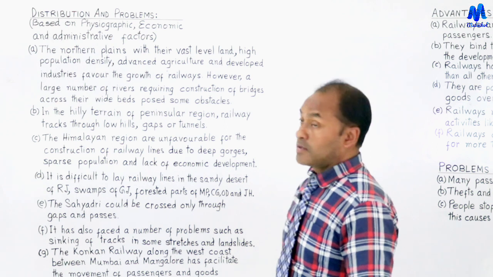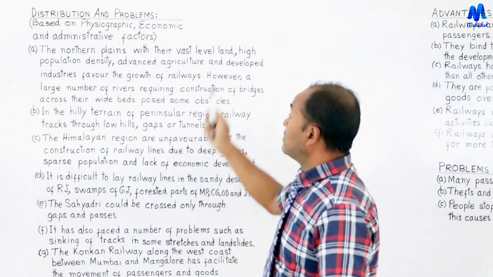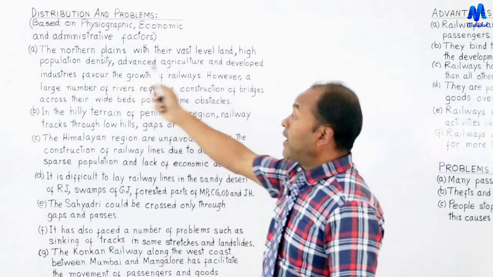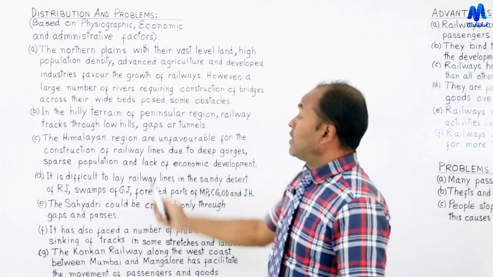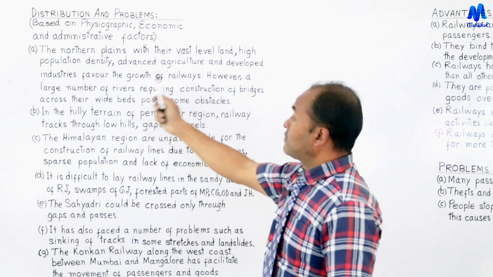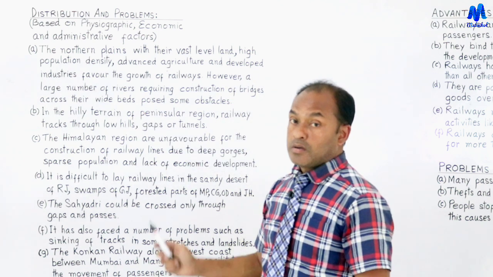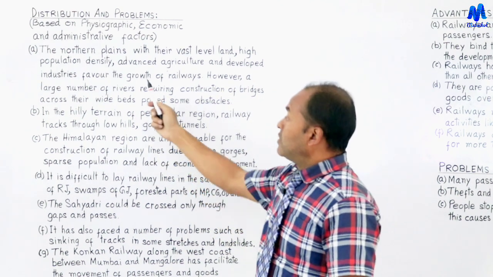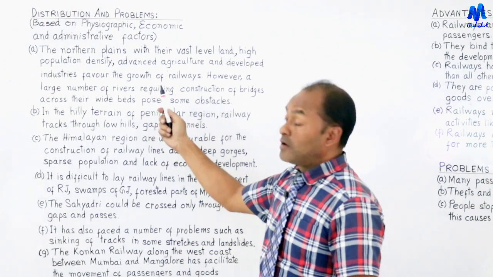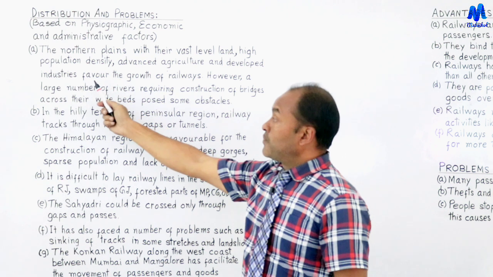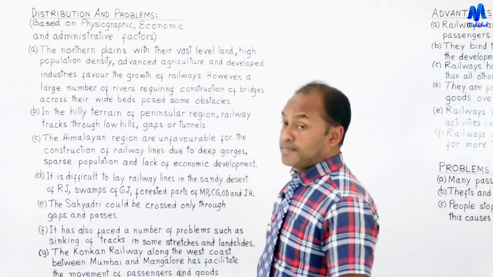In the northern plains, they have vast level land, high density of population, advanced agriculture and developed industries. So that's why the density of railways is very high in the northern plains. They favor the growth of railways.